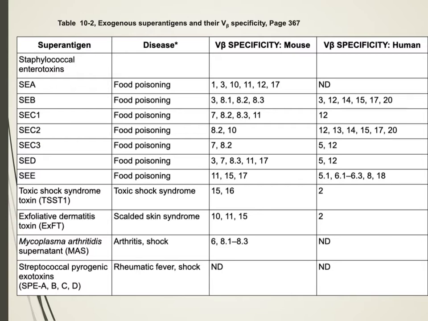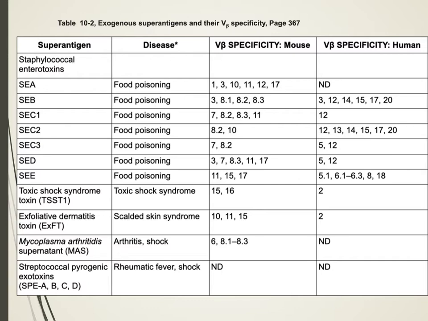Also, the toxin that's produced in toxic shock syndrome. There's also scalding skin syndrome, where the skin basically separates, and this is due to a superantigen that's produced by Streptococcus.